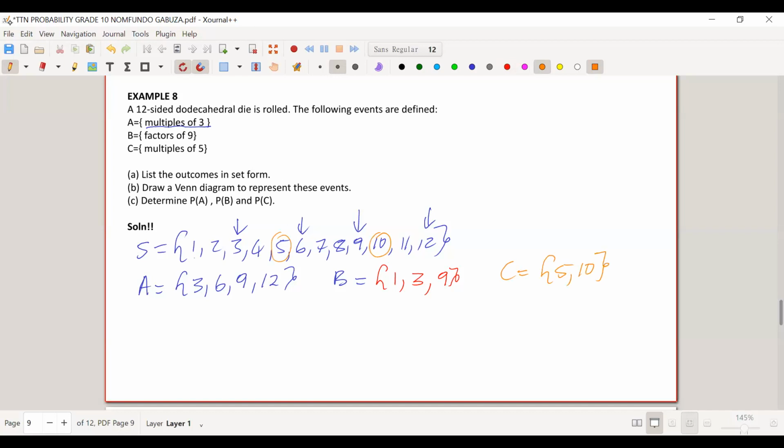So let's take a look at the question. It says list the outcomes in set form, which means this is the first part, the outcomes in set form. Then draw a Venn diagram to represent these events.